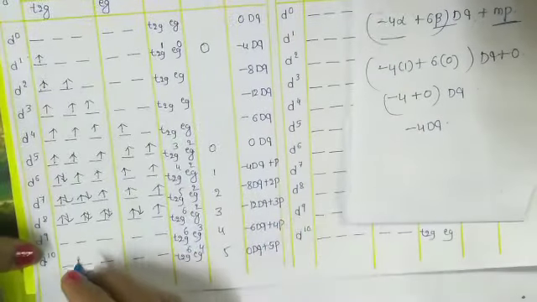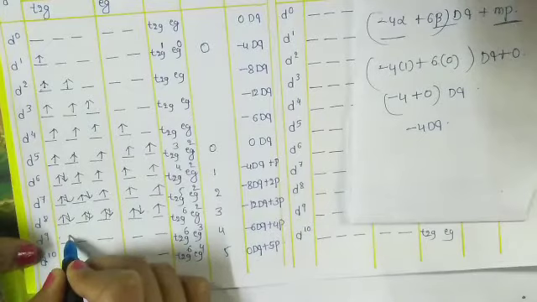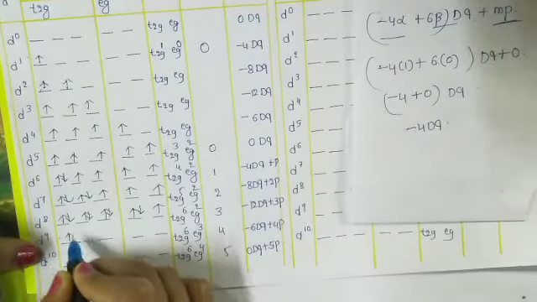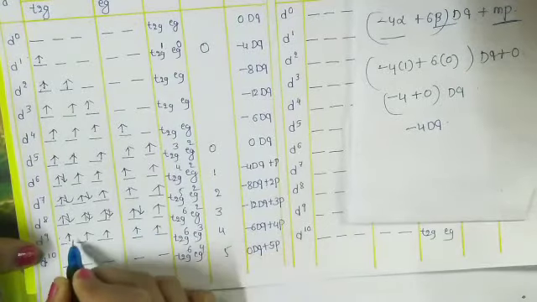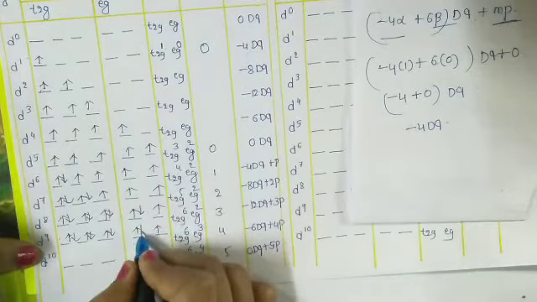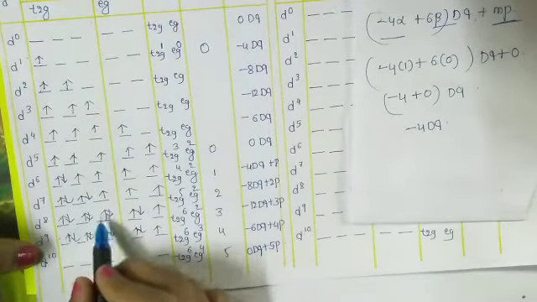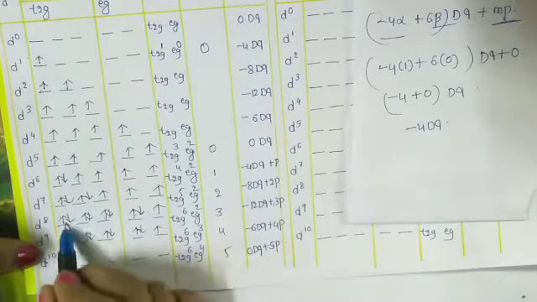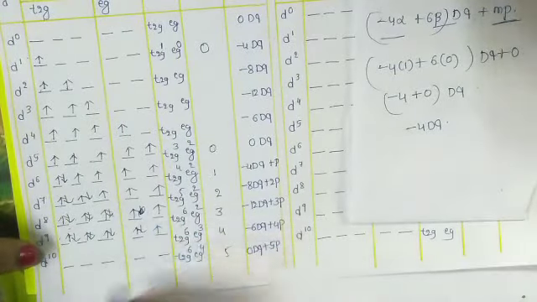And then next one, you can go for the d9 electronic configuration, 1 2 3 4 5 6 7 8, and this is the 9. Sorry, 1 2 3 4 5 6 7 8, it is not here, 6 as well as 2 is there.